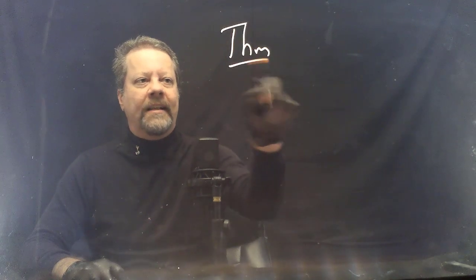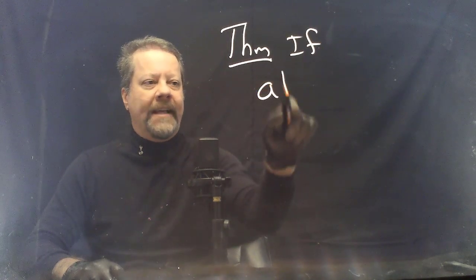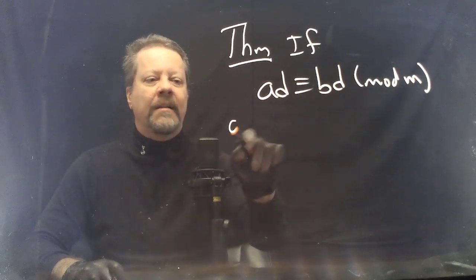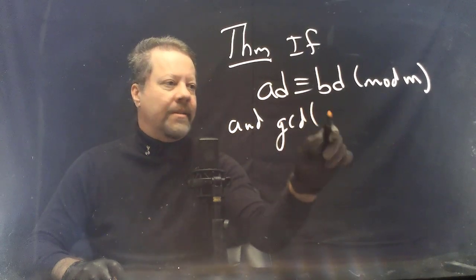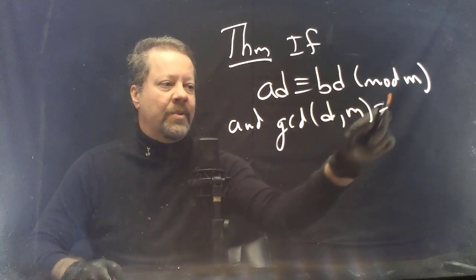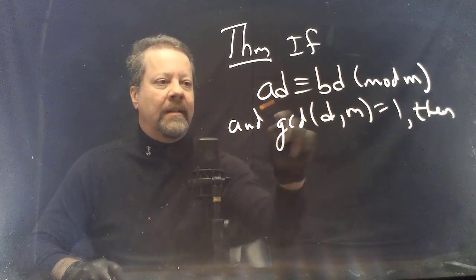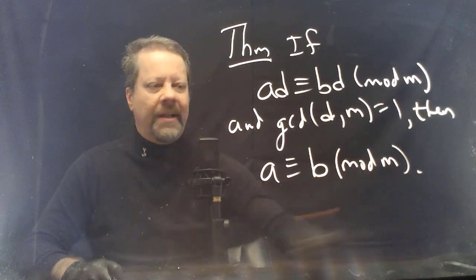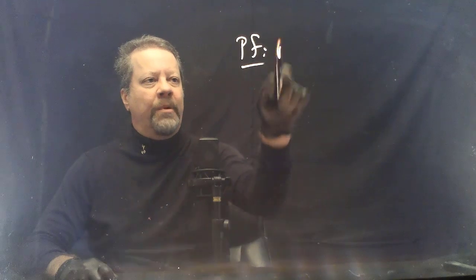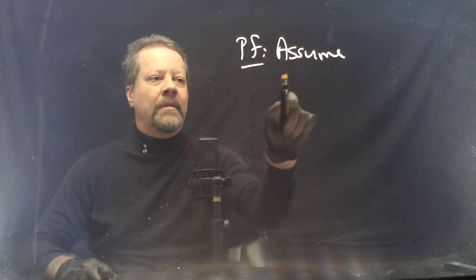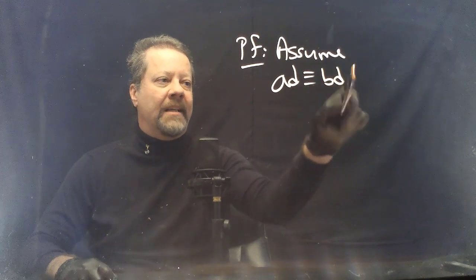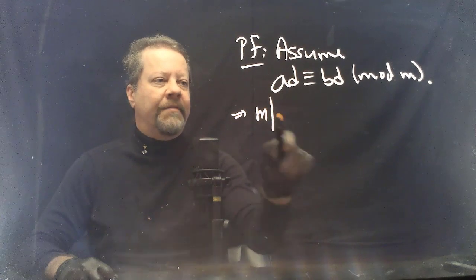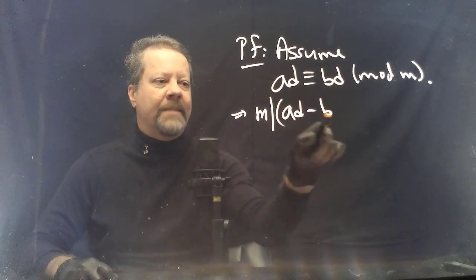So the theorem looks like this. If A times D is congruent to B times D mod M, and the greatest common divisor of D and M is 1, so that they're relatively prime, then A will be congruent to B mod M. In our proof, we assume AD is congruent to BD mod M. And that implies M divides AD minus BD.